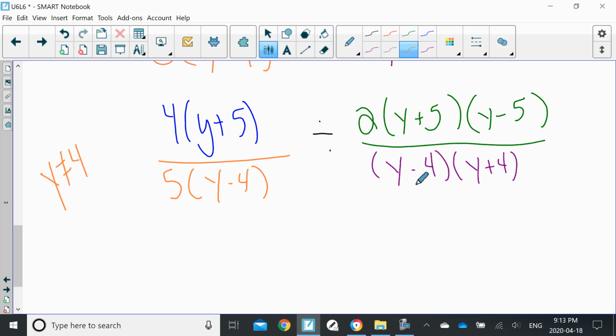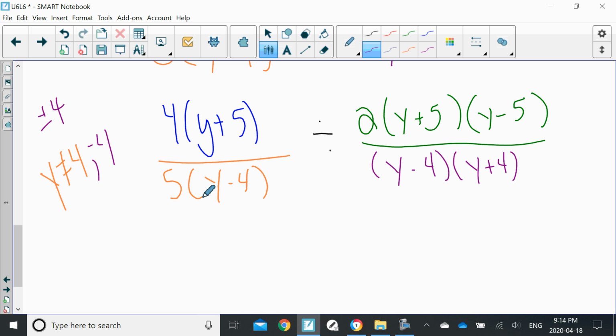This one, y cannot be equal to 4, which I've already listed, so I don't need to list it again. And this one is y can't be negative 4. If I put a negative 4 in here, negative 4 plus 4 will give me 0, this entire denominator becomes 0, and you can't divide by 0. So far, my two non-permissibles are y cannot be 4 or negative 4. Basically, you could just say y cannot be plus or minus 4. We're going to write it at the end.